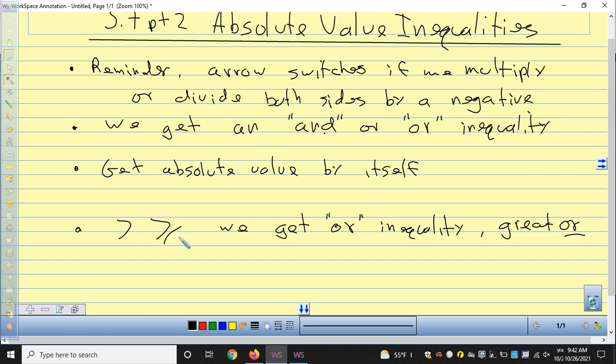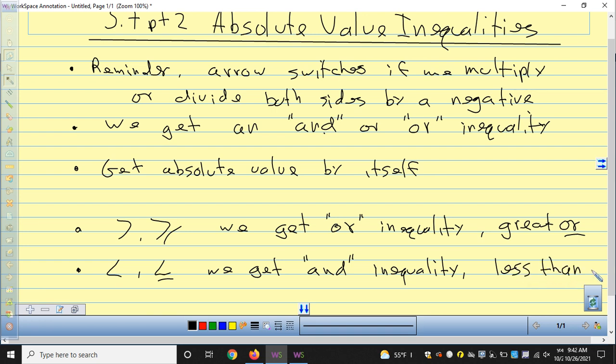So when we have a greater than or equal to, we think great-or. And when we have less than or equal to, we get an and inequality. And to help us remember this, we're going to think less than. Great-or less than, to help us remember which is which.